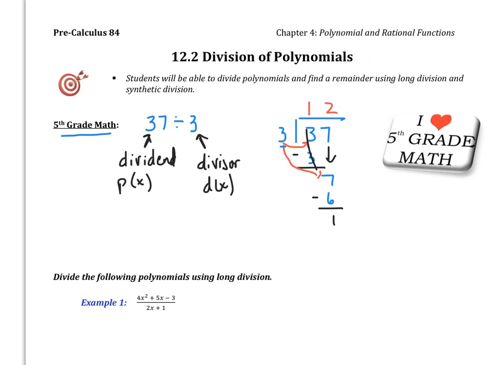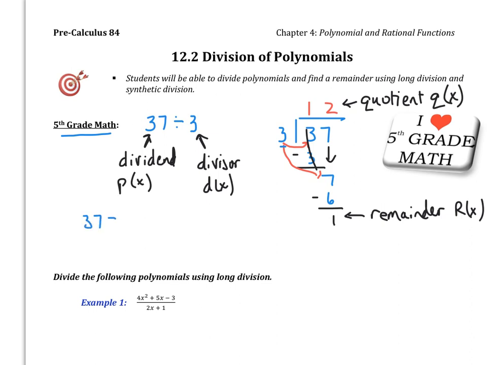All right, so this 12 that we have up here, reminder, it would be called your quotient, and we will call that Q of x. And then down here, your 1 is your remainder, and we will call that R of x. All right, so we can now say that 37 is equal to 3 times 12 plus 1.